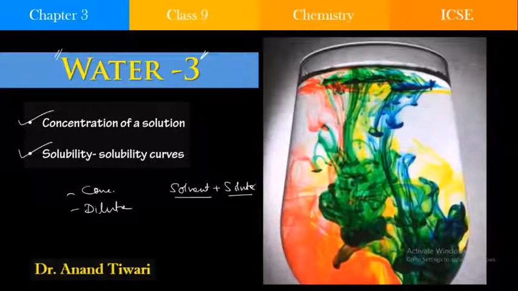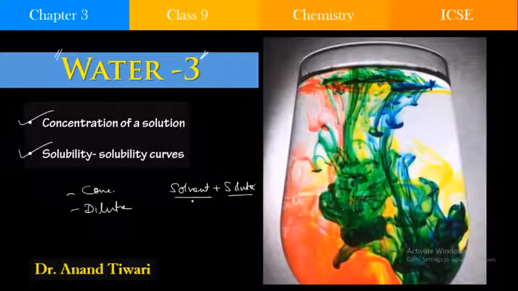If there is only water and, say, one solute, this red color, then it will be known as a binary solution. If there are three components, water and these two solutes, then it is ternary, and three solutes and one solvent, it is quaternary.